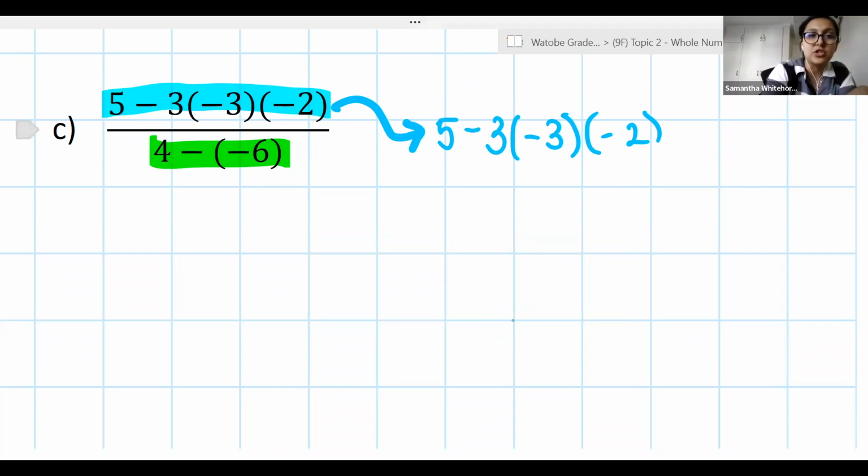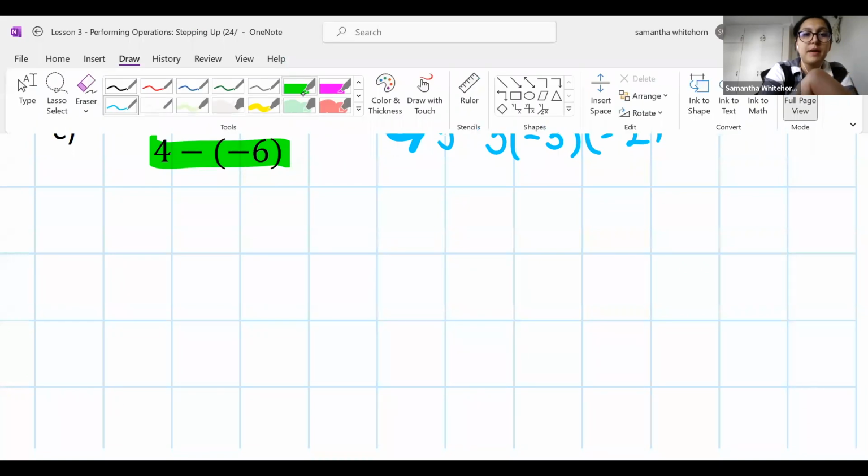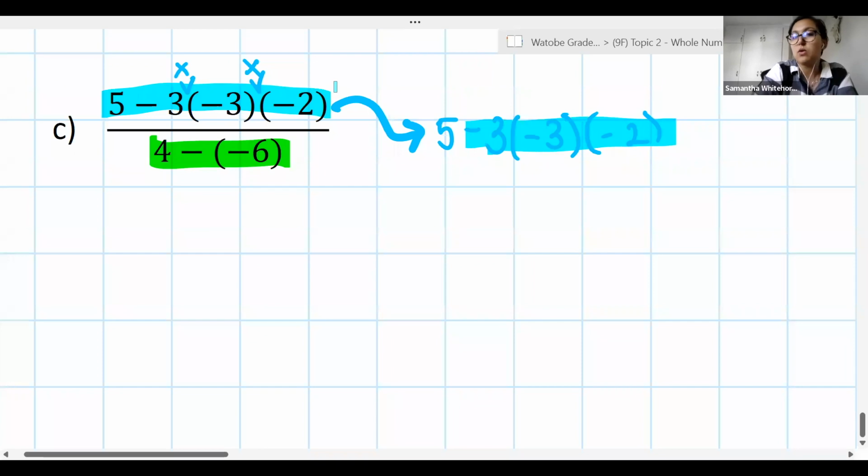Remember, guys, when there's no sign in between a number and a bracket or between brackets, the operation we're dealing with is times. Okay, so if we think about our numerator, the first thing I want to do is my multiplication. But my multiplication in this case is actually all of that. All of that is multiplication.